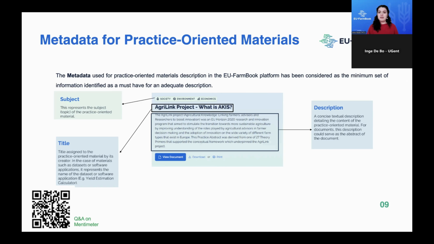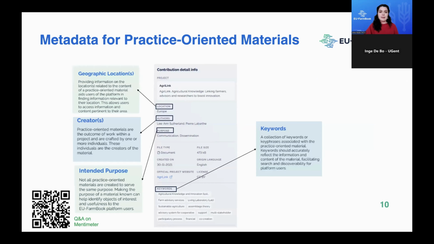The next field is the description, which is a concise textual description detailing the content of the practice-oriented material. For documents, this description could serve as the abstract of the document. Next we are looking at keywords, which is a collection of keywords or key phrases associated with the practice-oriented material.